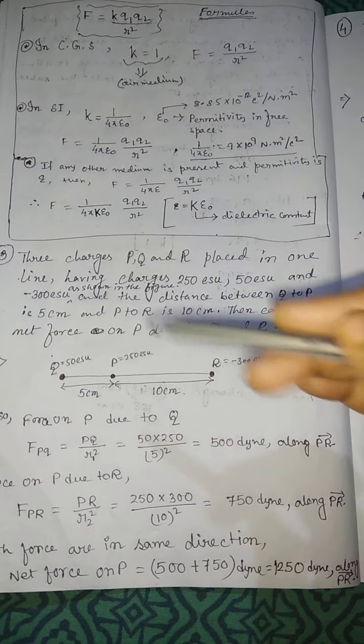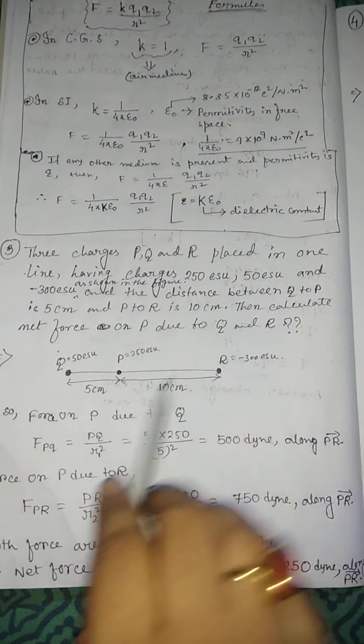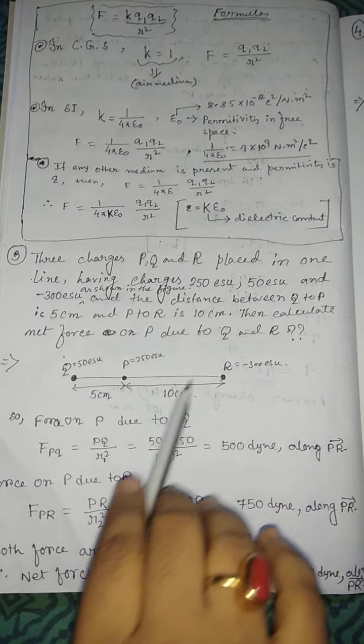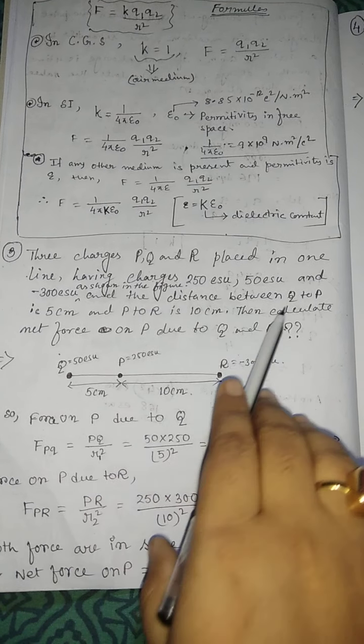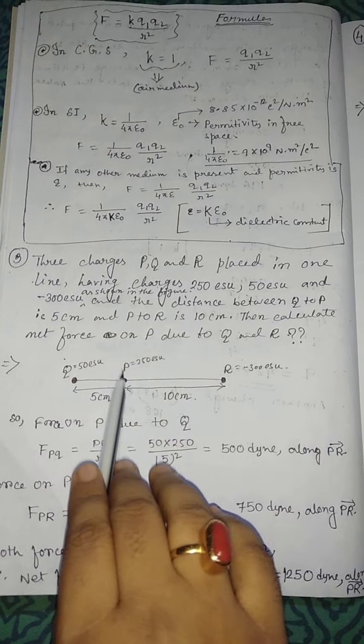ESU means it is in CGS unit. The distance between Q and P is 5 centimeter and P to R is 10 centimeter. Then calculate the net force on P due to Q and due to R.